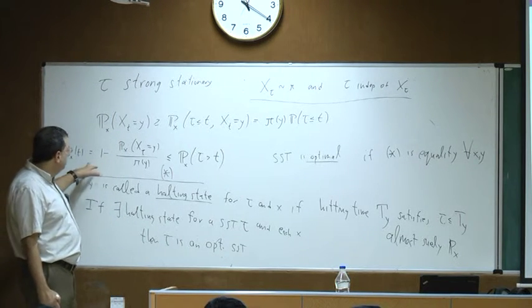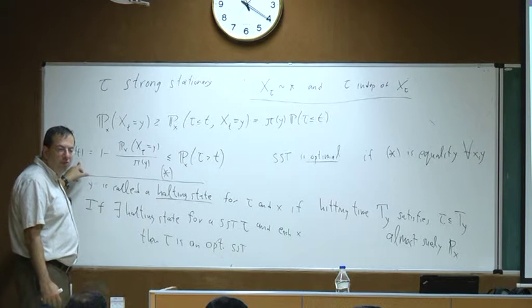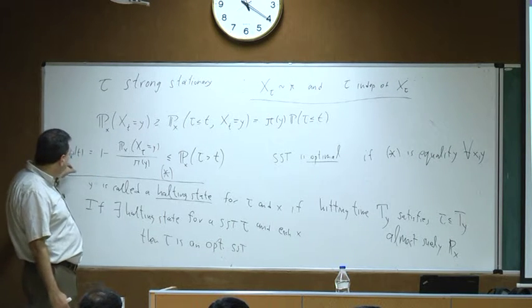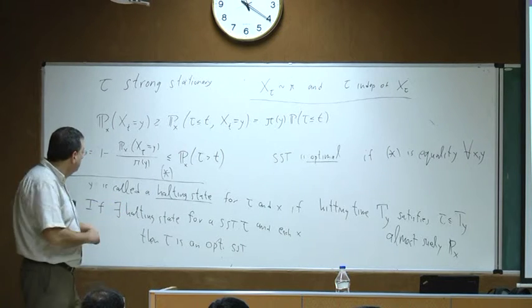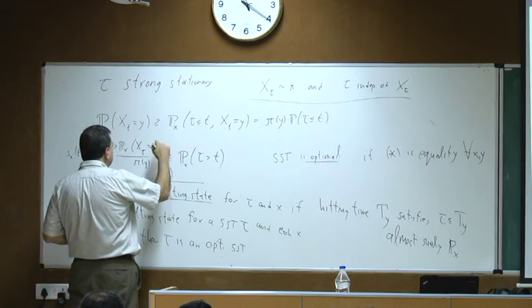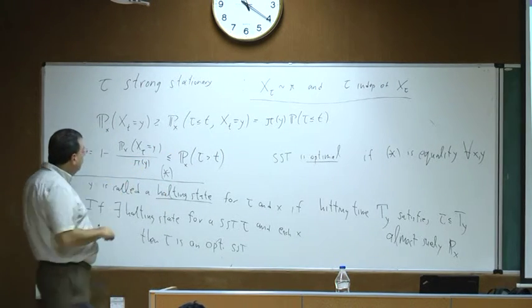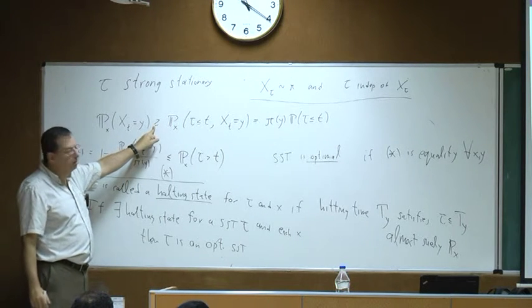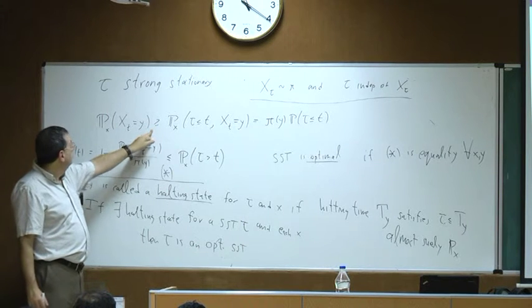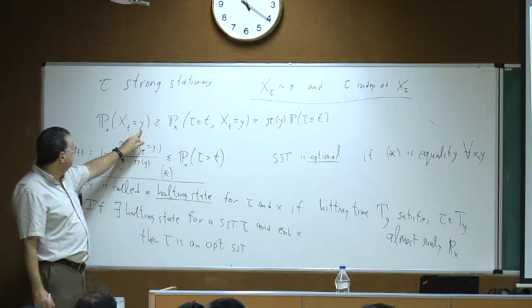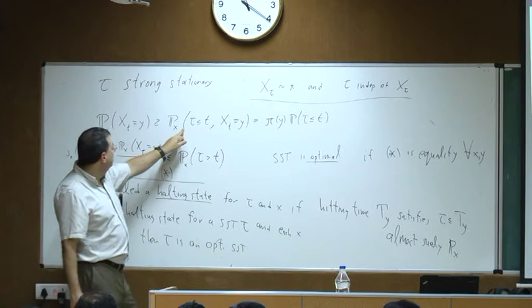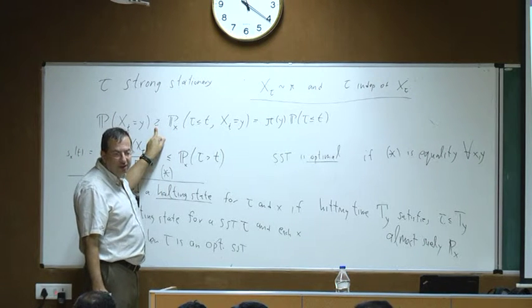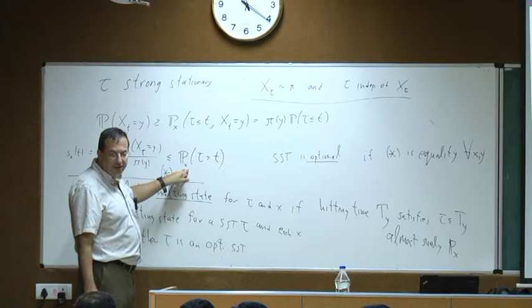This is quite powerful, but also immediate to prove. Because let's look at this proof of the inequality. The only step of inequality in this argument was right here. Everything else was equality. But if y is a halting state for x, then this step becomes an equality. And then everything else I said here was equality.